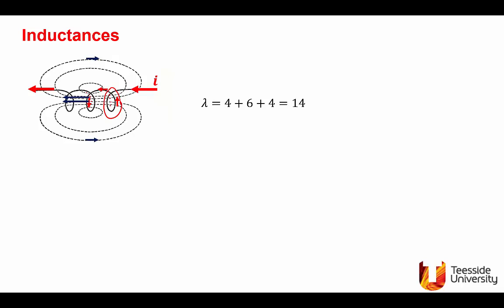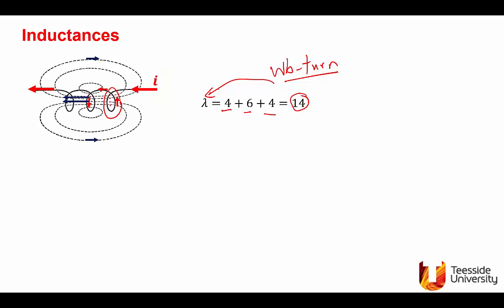You look at the flux that is linking every turn of the coil. The first turn is linked by 4, the middle turn by 6, the last turn by 4. So the total is 14, and that's actually 14 weber-turns. That's the unit of flux linkage.